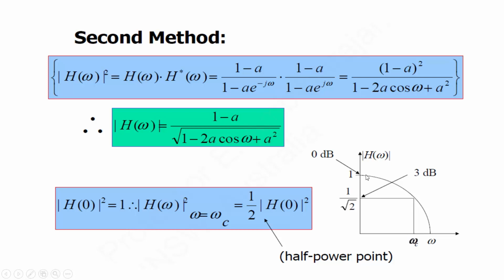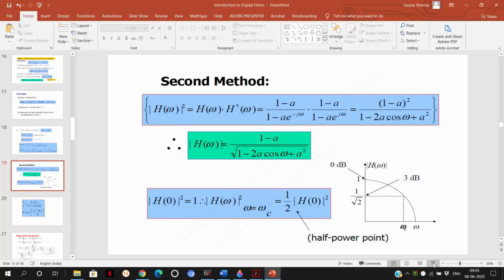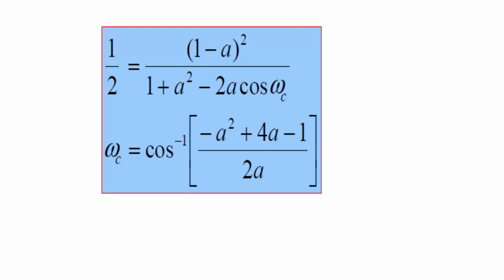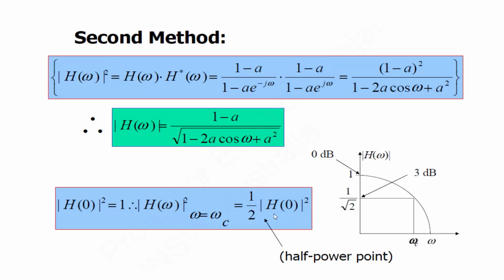This is basically a low pass filter. If we calculate the 3 dB bandwidth, the corresponding frequency is omega equal to omega c, known as the cutoff frequency, and this is the half power point.